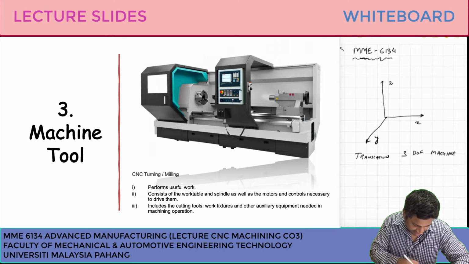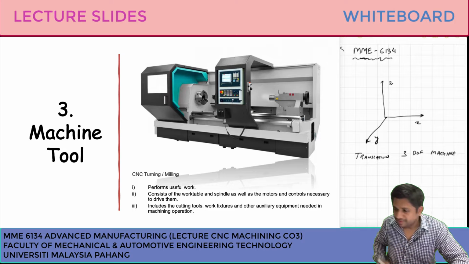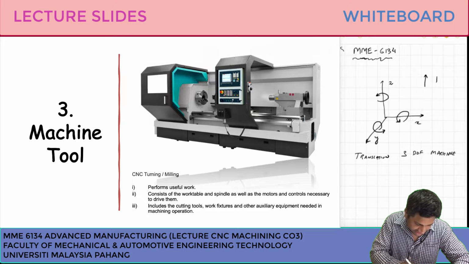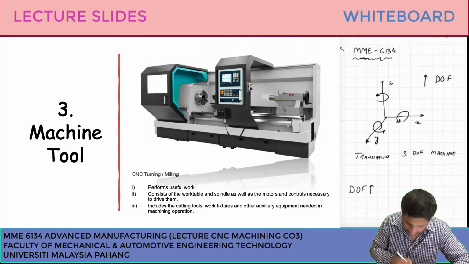It could be X, Y, and Z. But nowadays we have rotational degrees of freedom coming in for different machines, and this increases the degrees of freedom. And when the degrees of freedom increase, then the part complexity can also increase.